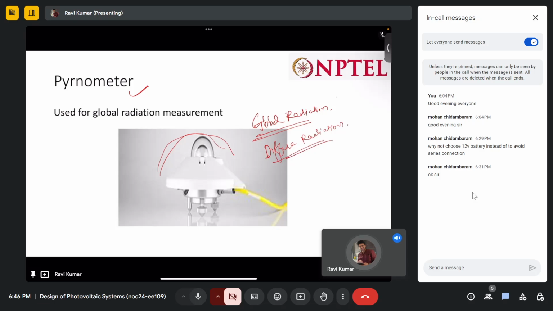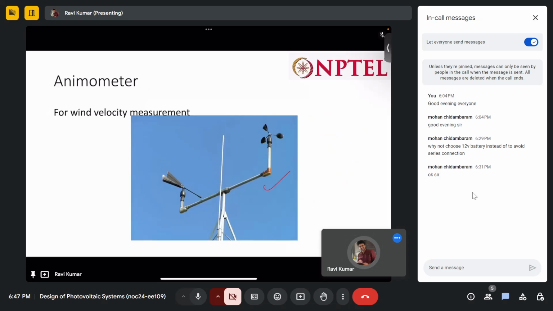There is a relation between global and diffuse, and from that you can find out the beam radiation. These are the different types of radiation which you can measure using this instrument. Then to find the wind velocity, we have an anemometer, and there are also tools which are used to connect the cables and so on.